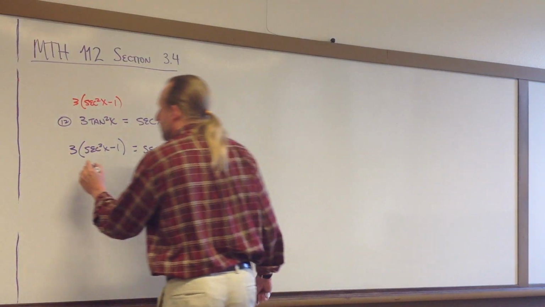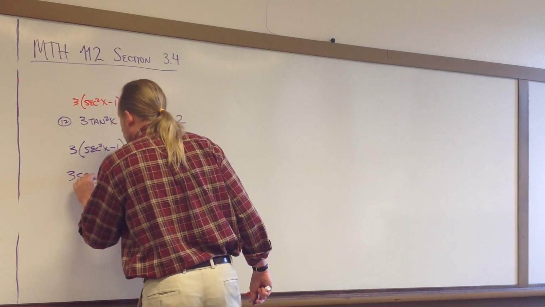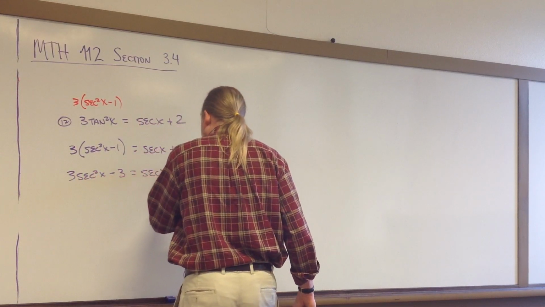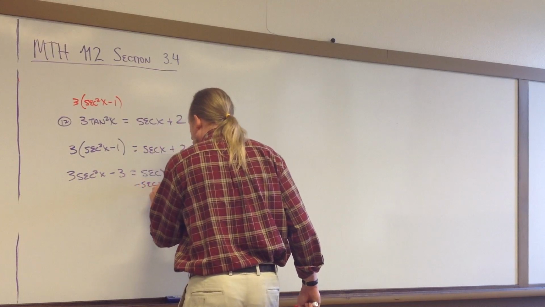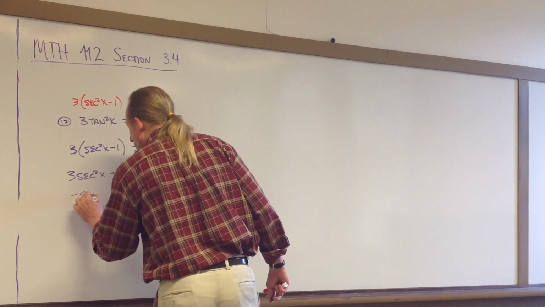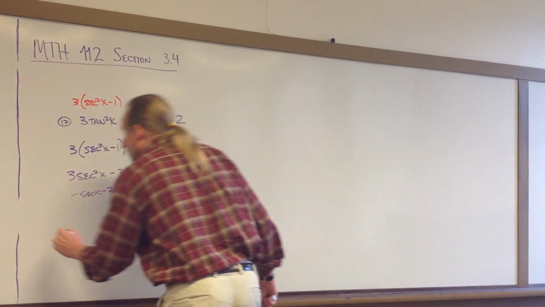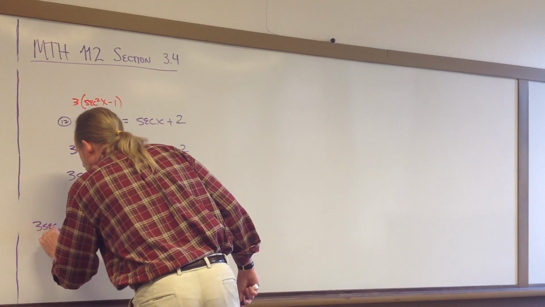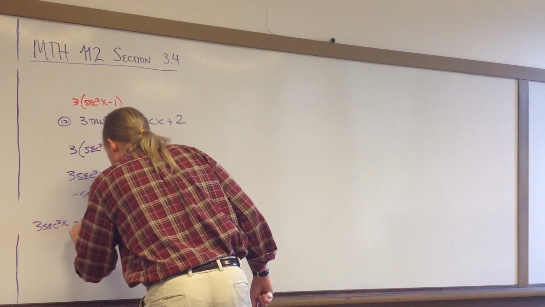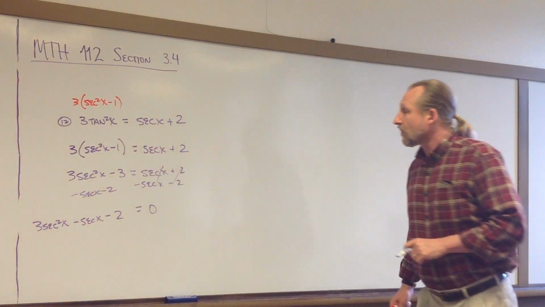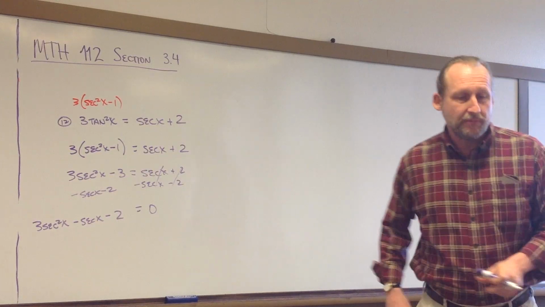So we'll go ahead and multiply through 3 secant squared x minus 3, and then we'll move these to the other side. So this will be equal to 0. We'll have 3 secant squared x minus secant x minus 2. And that's probably going to be factorable.